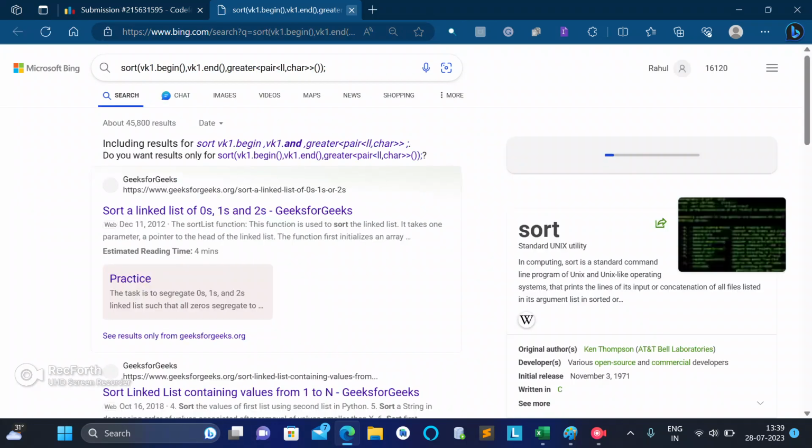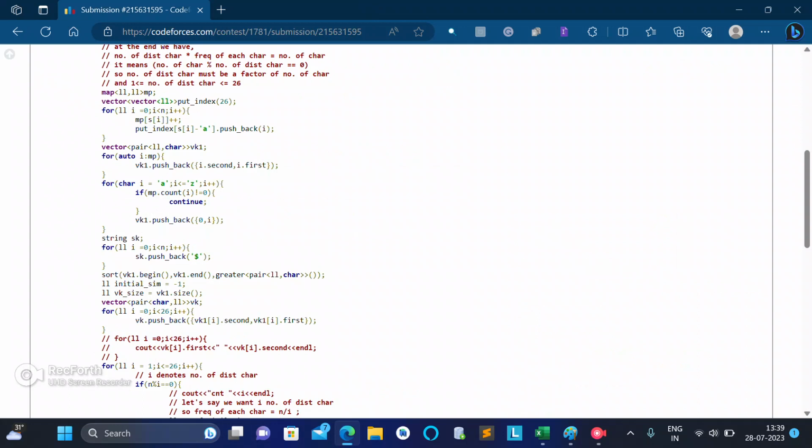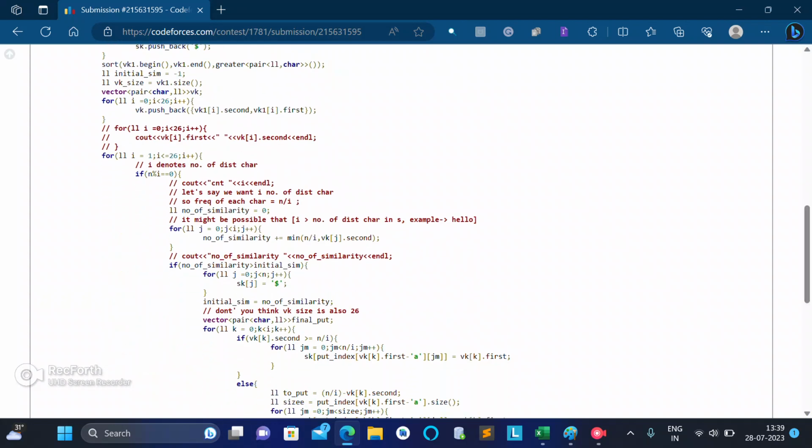Here you can see I have sorted them in decreasing order of their frequencies. Here I had initial sim equal to 1, but the initial similarity I put to be s minus 1. At each instance I am finding the number of similarities. What is the number of similarities? Here I had done n by i.